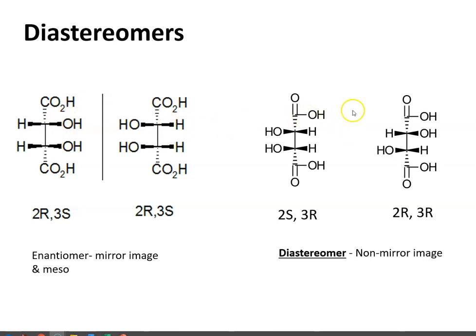On the right side here, if we draw a line down the middle, these are diastereomers, so they're non-superimposable, non-mirror images. They have two or more chiral centers, but one center is different than the other. So this one center is the same, this center is different. So these are diastereomers. So some vocabulary to know and understand.